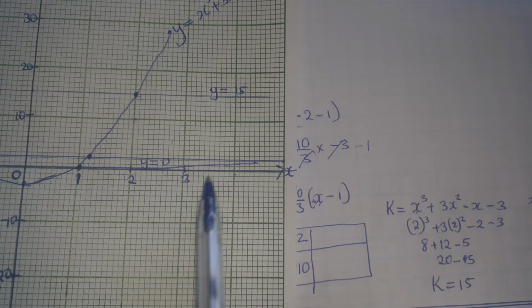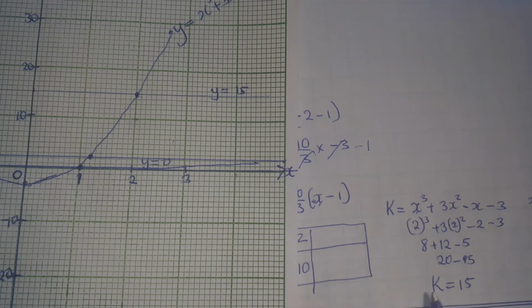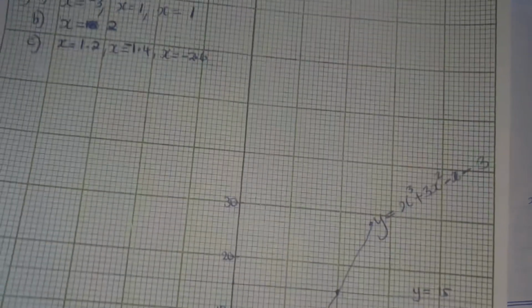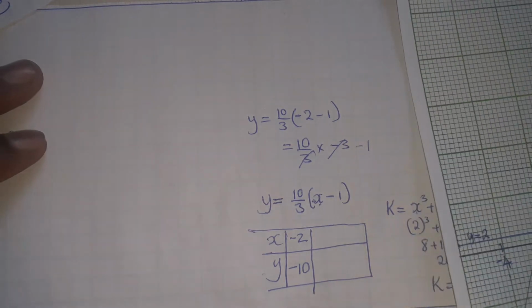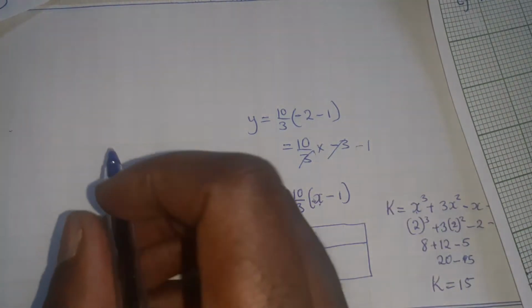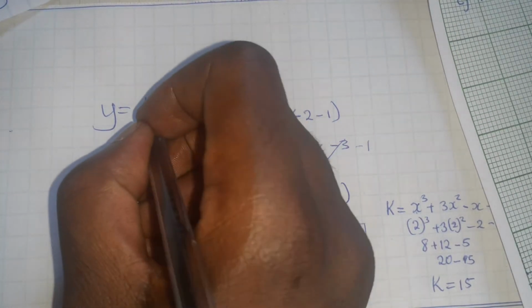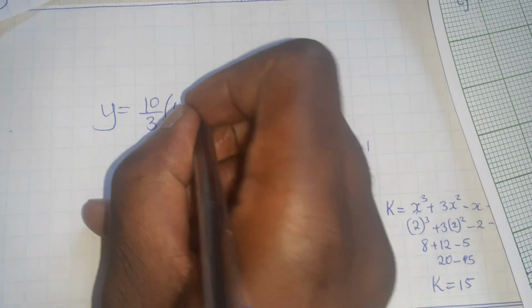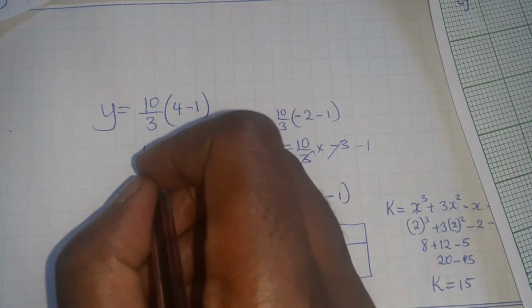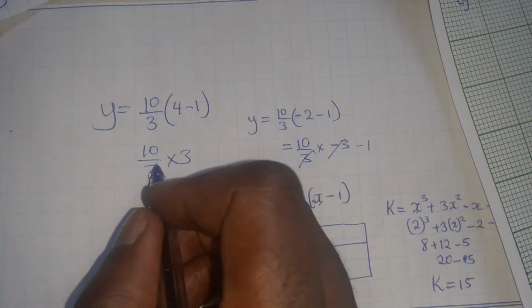Yes. So if we put 4 here, again, we're going back here. We have y is equal to 10 over 3, 4 minus 1. Then we have 10 over 3 minus 3. Okay, what do we have? This and that cancel.